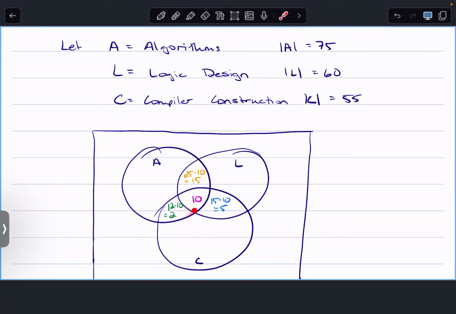So this total circle of A has to total 75, but to make the partition of this only-A space, I have 75 minus 15 minus 10 minus 2, which is 48.